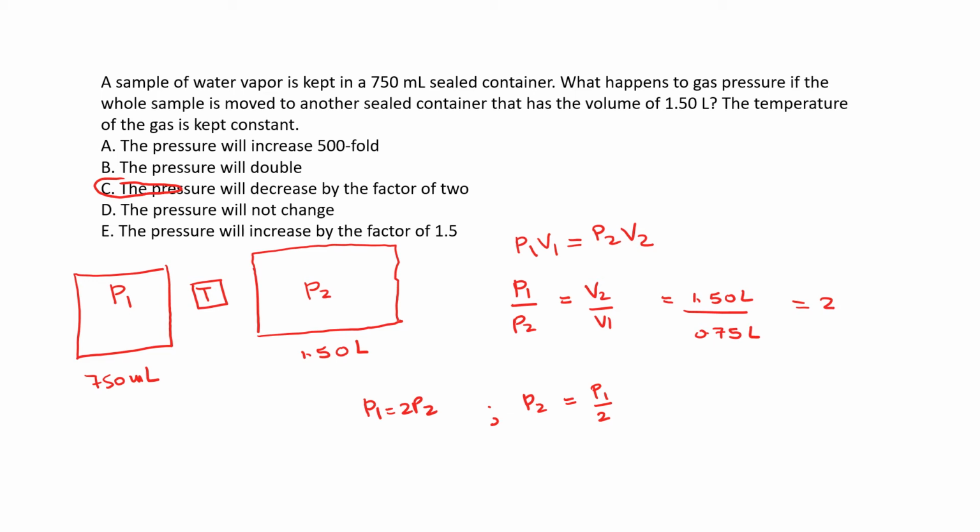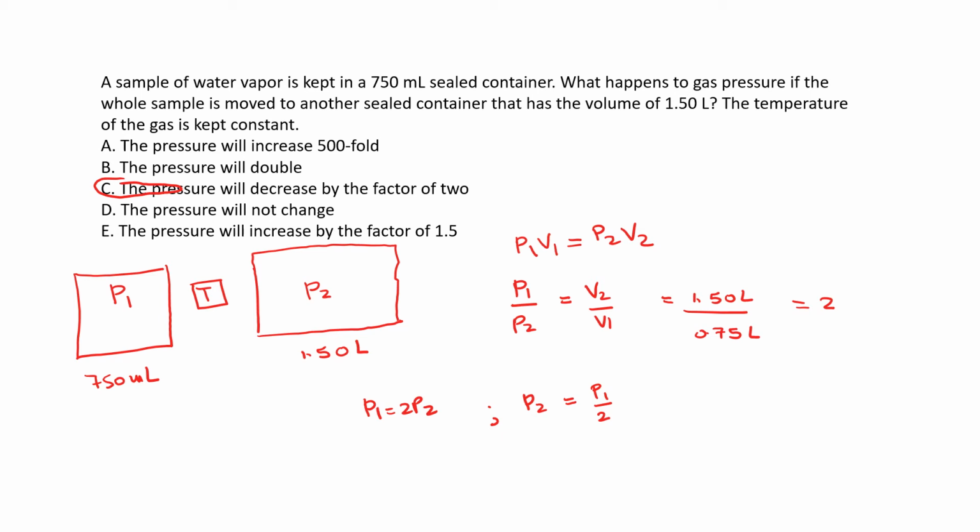So we are going to use Boyle's law here, and we know P1V1 equals P2V2. We take the pressure of this container as P1, and it's 750 milliliters, and then they are going to double the volume to 1.50 liters, and that's going to be P2.